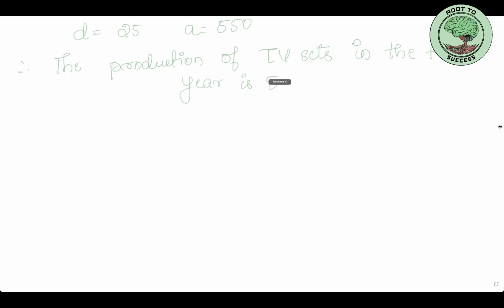So now we found out the values for d and a. d will be 25 and the first term a will be 550 in the arithmetic progression. So therefore, the production of TV sets in the first year is 550.